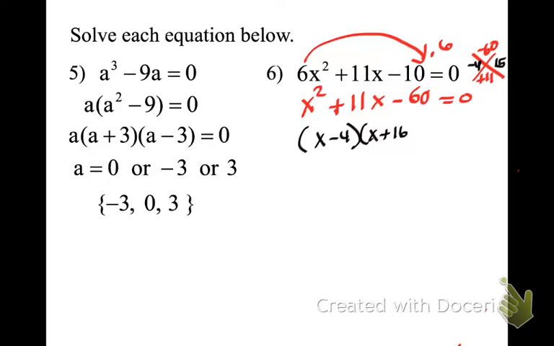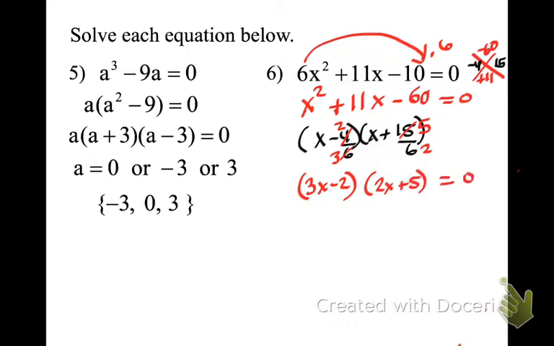Am I done? Divide by 6. I have to divide both sides by 6 and reduce. 2 goes into that twice and 3 times, and that becomes 3x minus 2 times the quantity of 2x plus 5 equals 0.